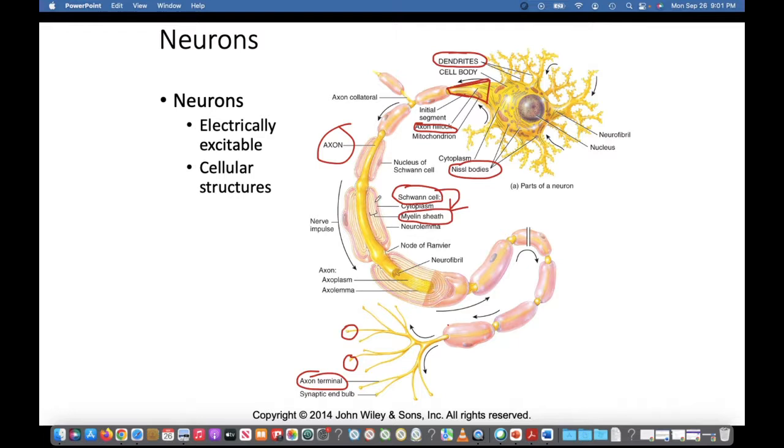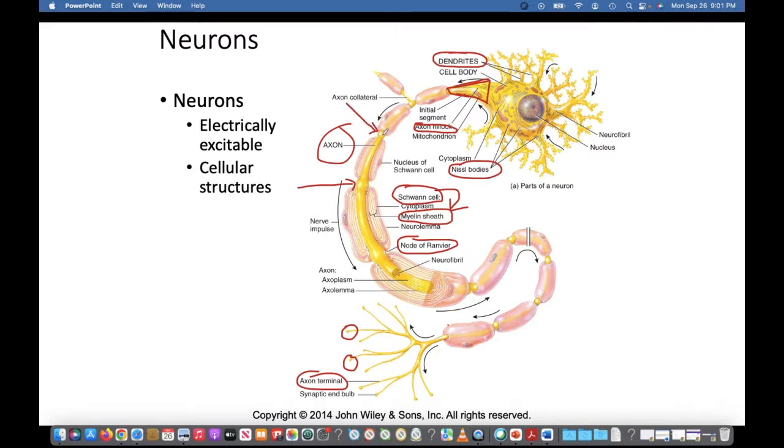Now, each of these Schwann cells, you'll see in between each Schwann cell is a slight little gap called a node of Ranvier. So this is a node of Ranvier, this is a node of Ranvier, this is a node of Ranvier.